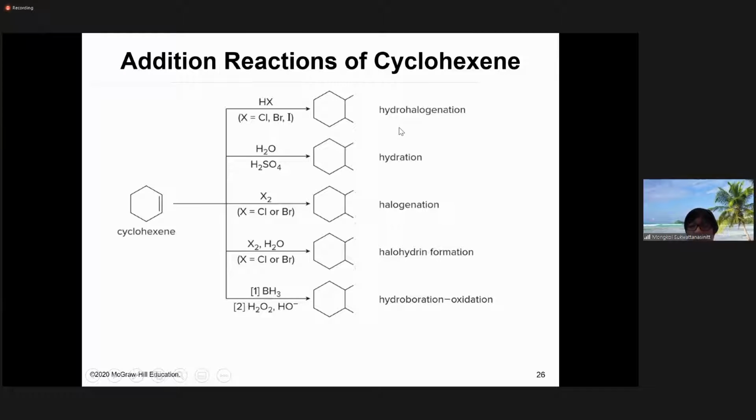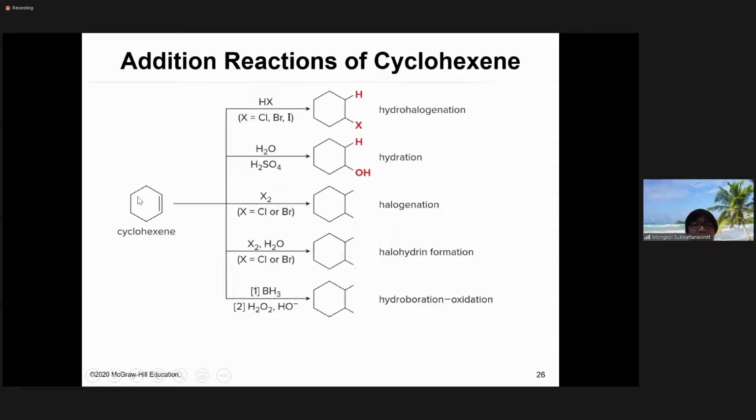So you get hydrogen and halide atoms on the cyclohexane ring here, because we start from cyclohexene. And the addition of a water molecule gives the reaction called hydration. The groups that add onto the double bond are a hydrogen and an OH group. So you get alcohol as a product here.